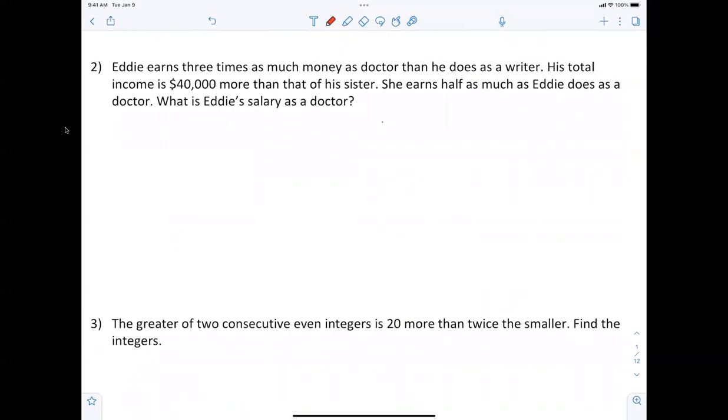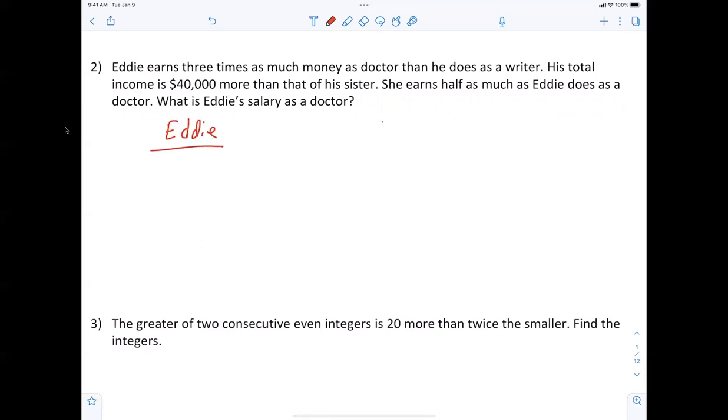Eddie earns 3 times as much money as a doctor than he does as a writer. Oh, so he has 2 professions, right? And then I think I made a typo here, because then it says what? Oh, his sister. Okay, so we're good. So Eddie earns 3 times as much money as a doctor as a writer. So I'm going to put this down: Eddie, right?